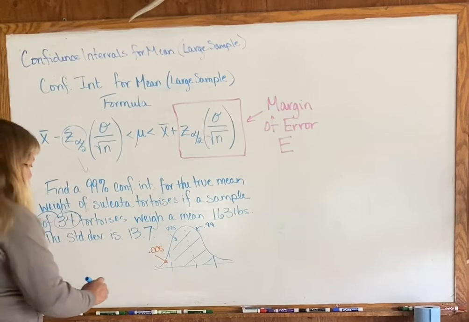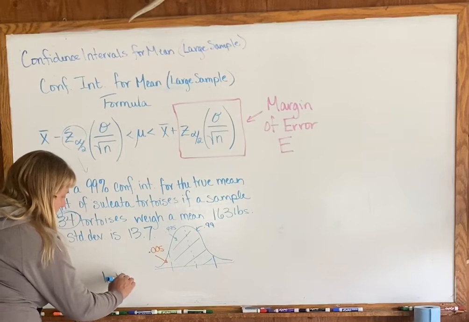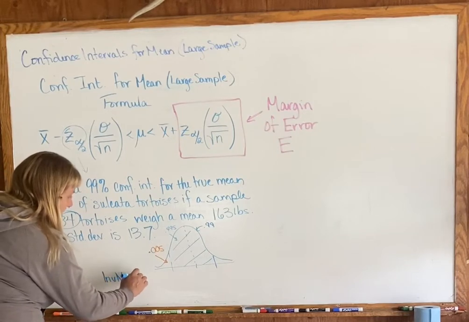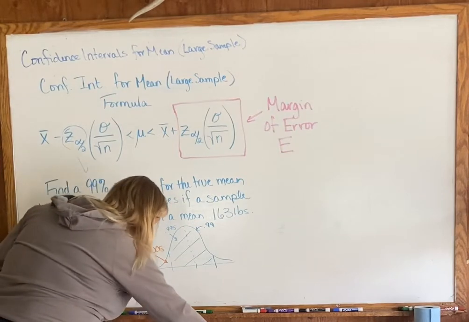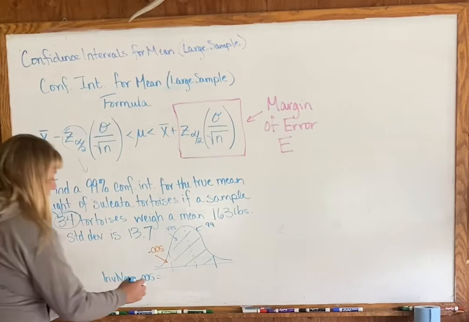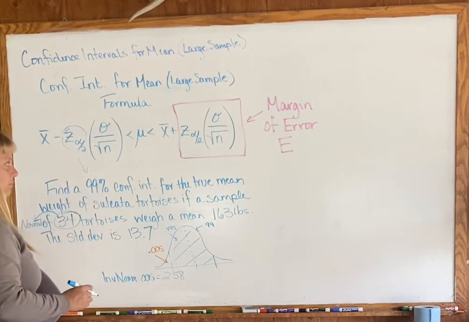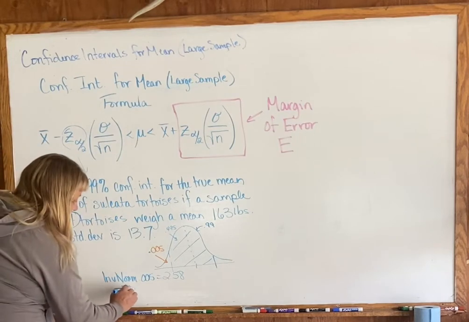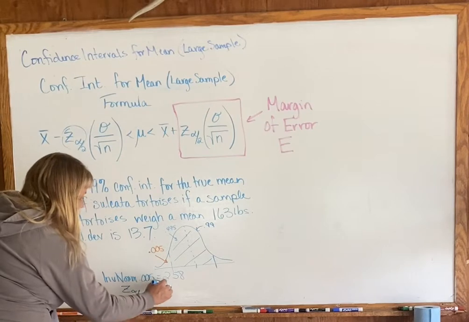So we're going to go inverse norm, 0.005, and when we do that, we will see what pops out. Hopefully you got 2.58. So that's our z sub alpha over 2, 2.58.